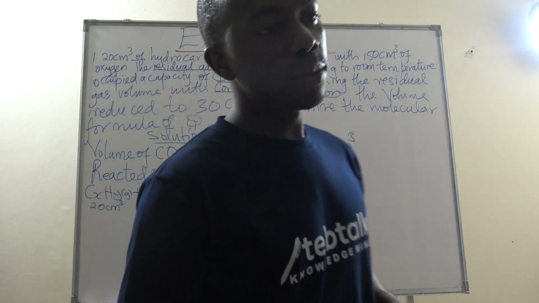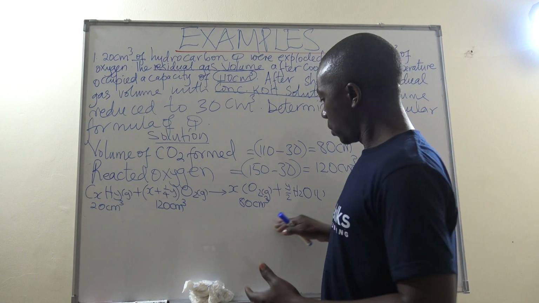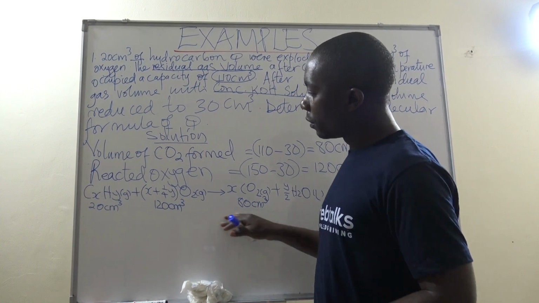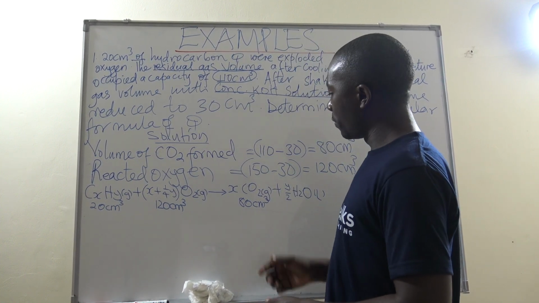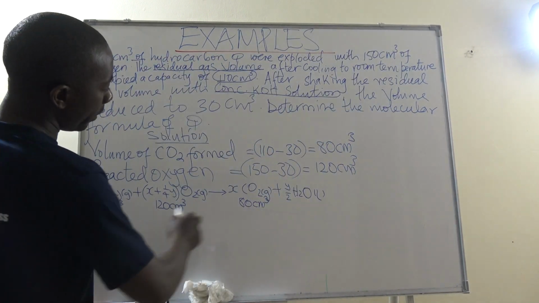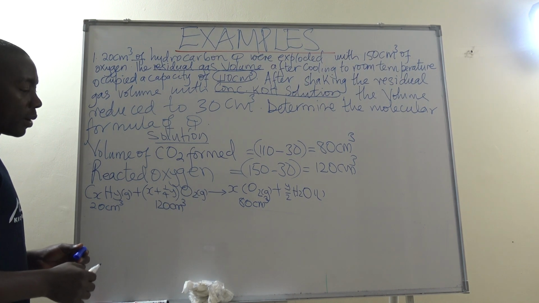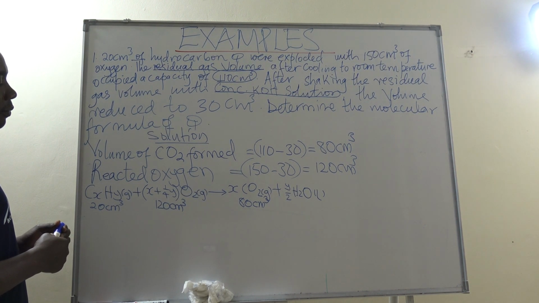Now, since we are trying to get the molecular formula, we can find the ratios of these volumes. The ratios of these volumes will help us get the coefficients of the compounds we are looking at. So we divide through by the smallest. Please, we are dividing through by the smallest to ensure we get the molecular formula.